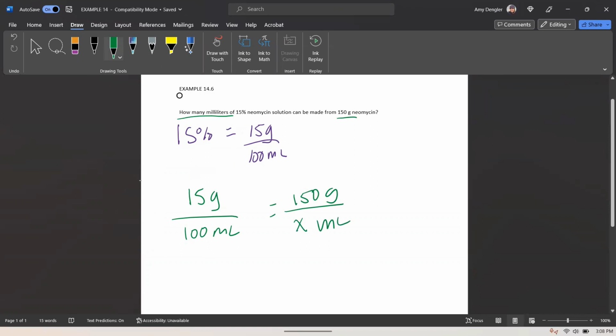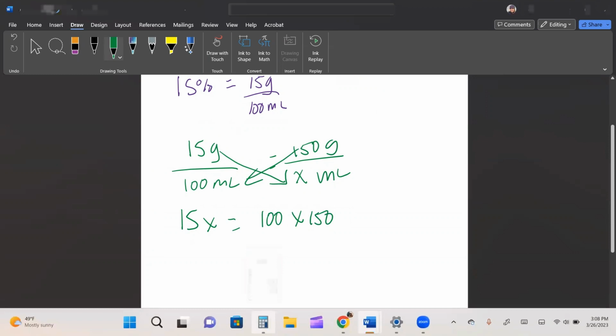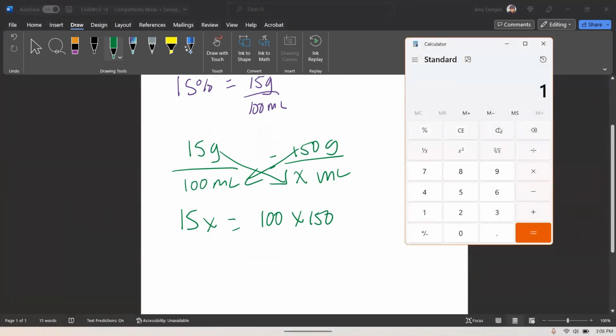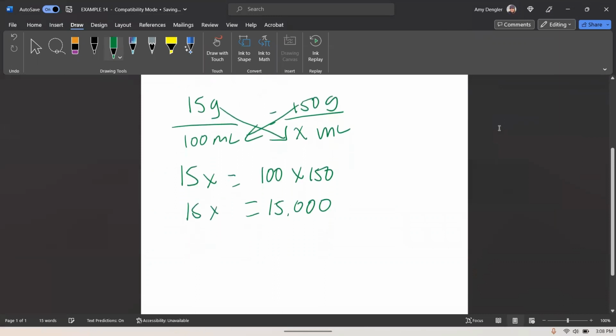Now I'm gonna cross multiply. So 15x is equal to 100 times 150. And we'll do 100 times 150, which is 15,000. And we have 15x here.